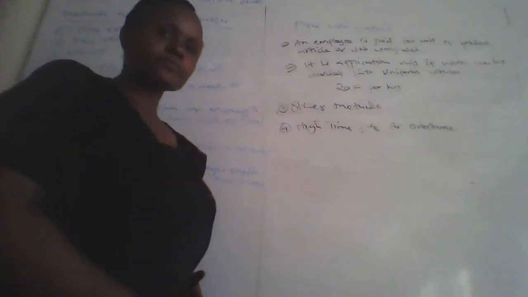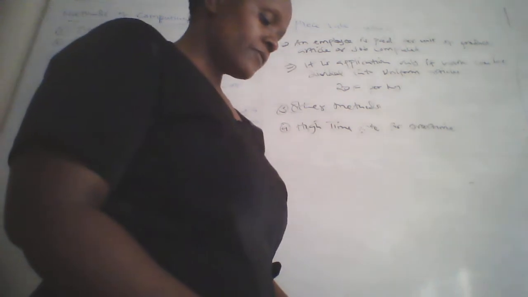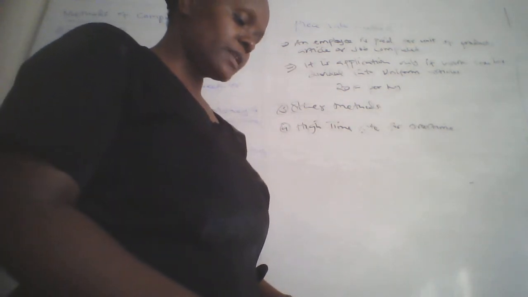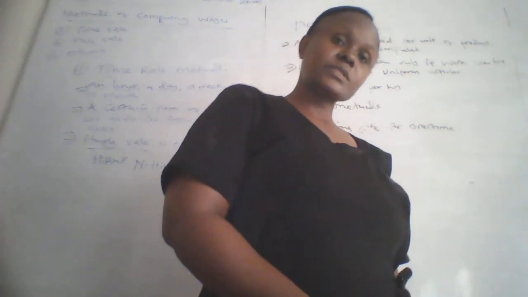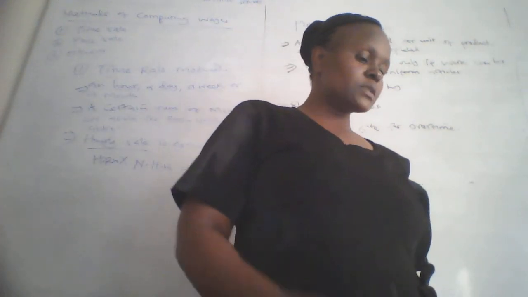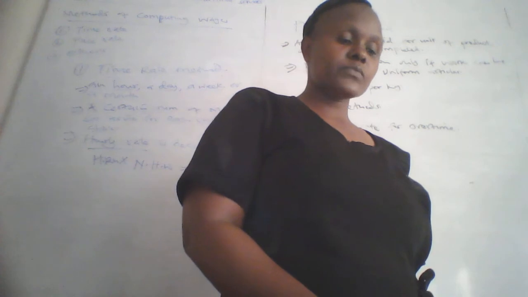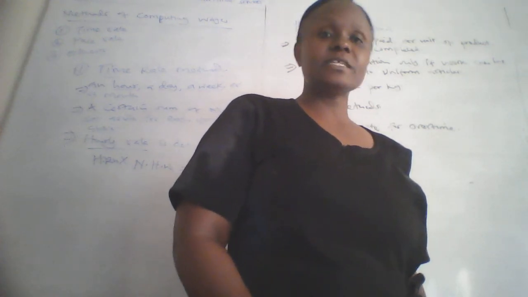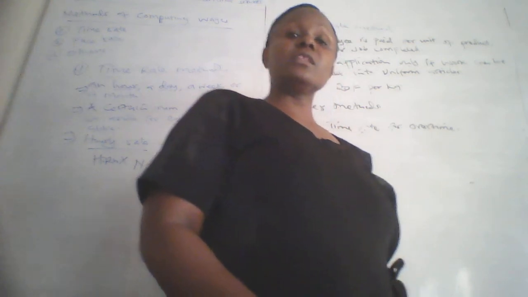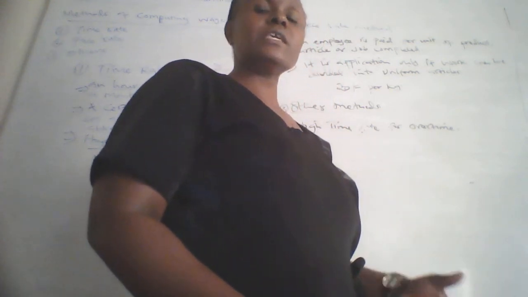High time rate for overtime. Okay, for high time rate for overtime, we have the normal working hours. Then we have extra hours which employees can work. So in this case, we have a higher rate for the overtime than the normal working hours.